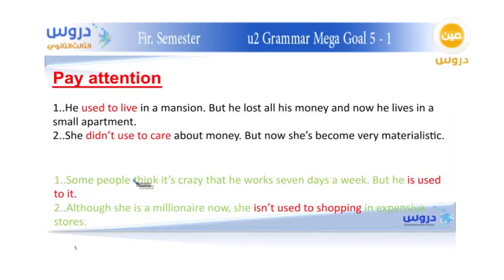Another use, in this sentence: some people think it is crazy that he works 7 days a week, but he is used to it.